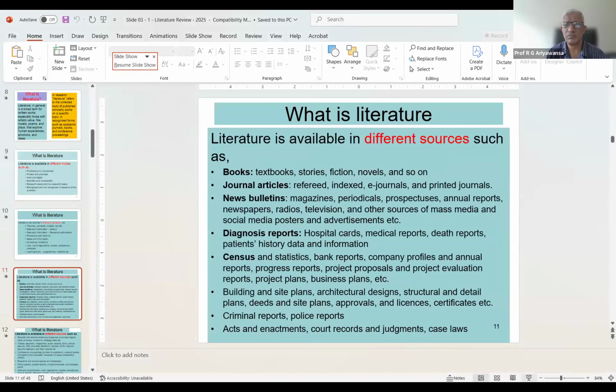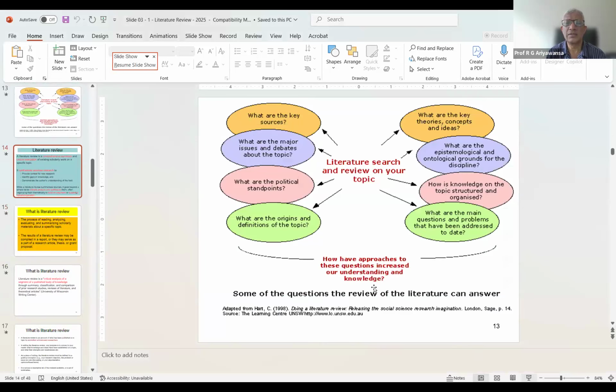Now, likewise, you can use textbooks, articles, and a lot of sources. Accordingly, you can collect literature and learn about the major issues and major areas first, and main theories, concepts, and philosophical views about the research methodology, and what main questions and problems have already been addressed by different researchers.